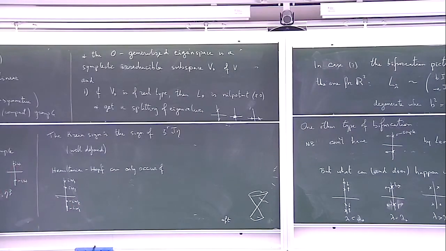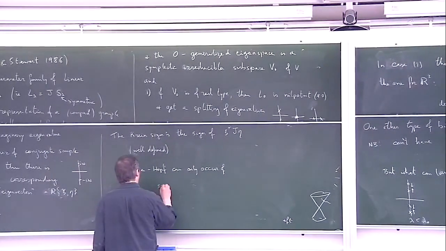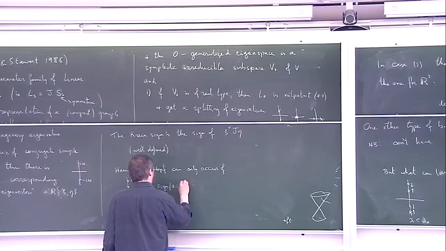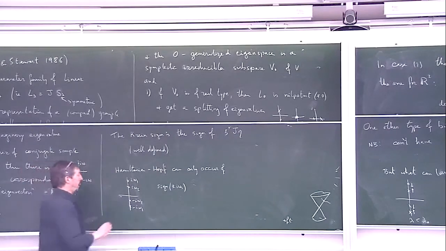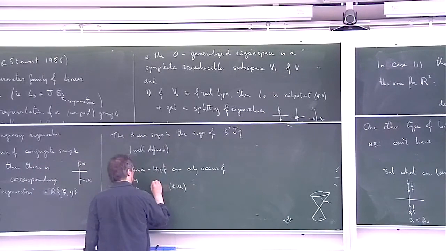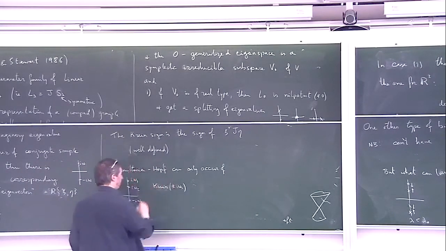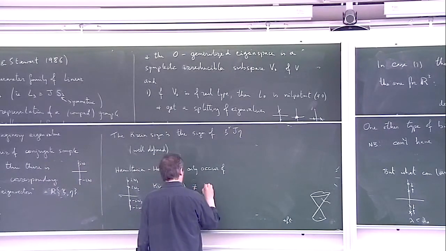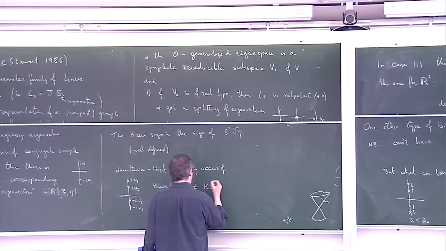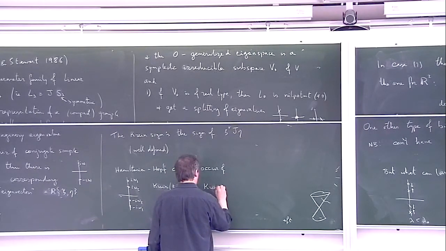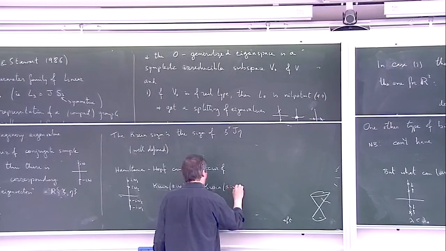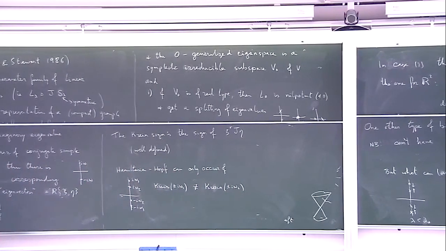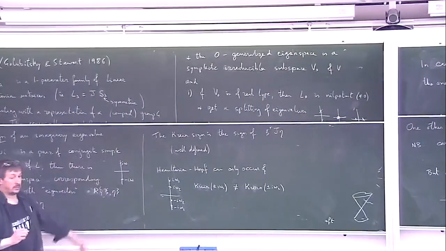If the sign, in this sense the Krein sign, of the two are opposite, so one is positive and the other is negative.